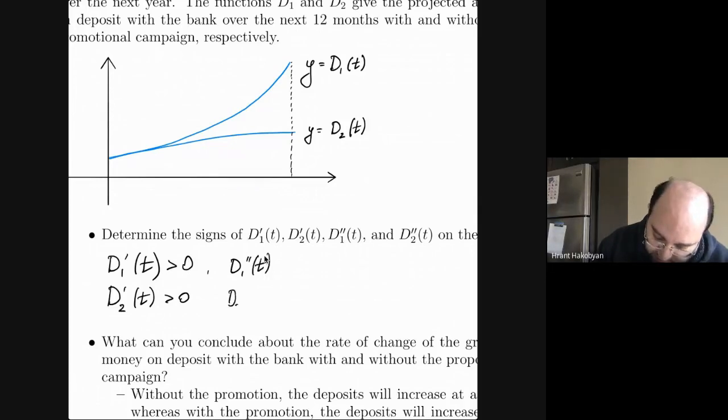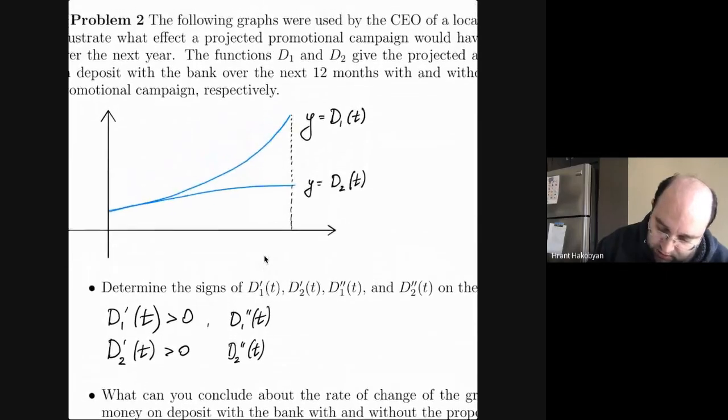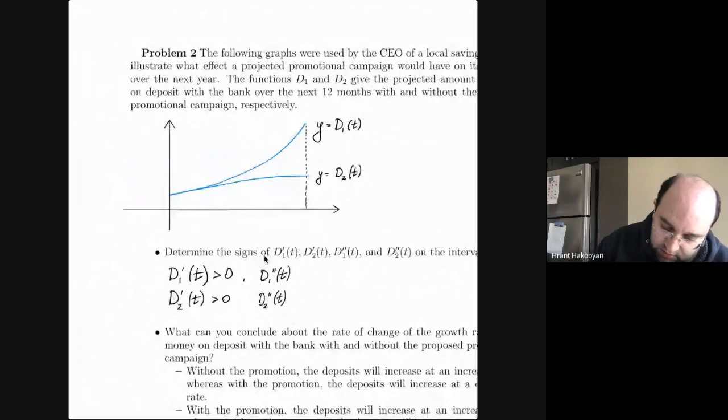However, if I do the second derivative, well, the second derivative tells me whether the function is bending up or bending down. So let's see. D1 here, where is D1? D1, well, it does look like it's increasing faster and faster, and so it's bending up. So it means that the second derivative is positive.